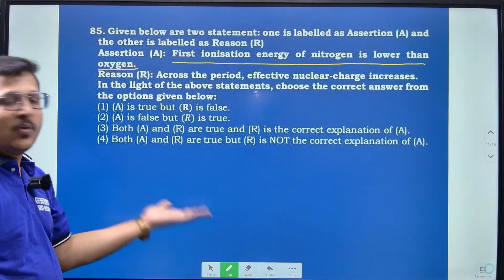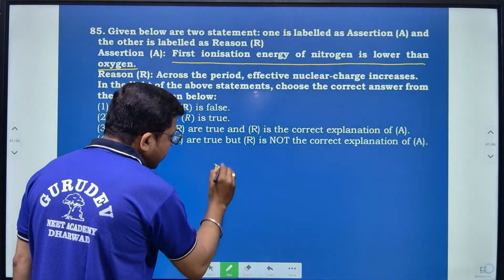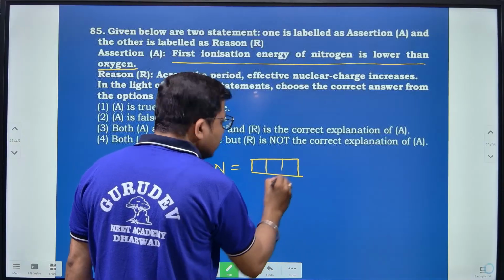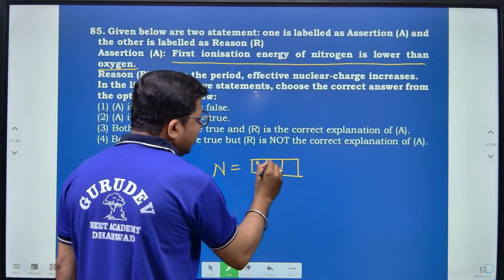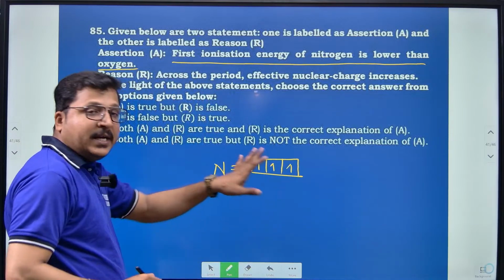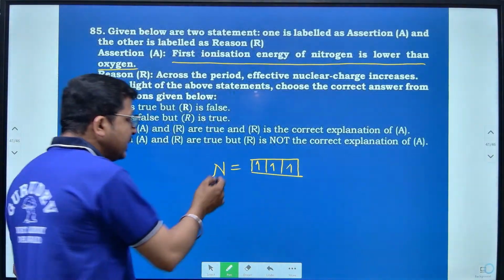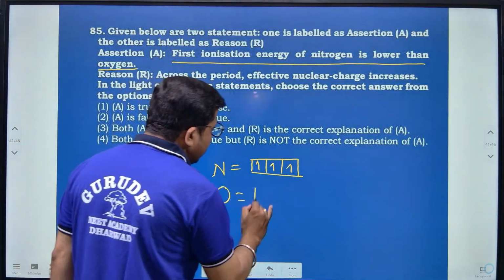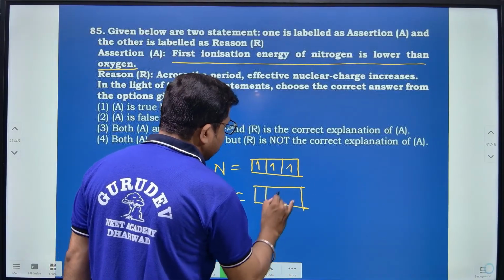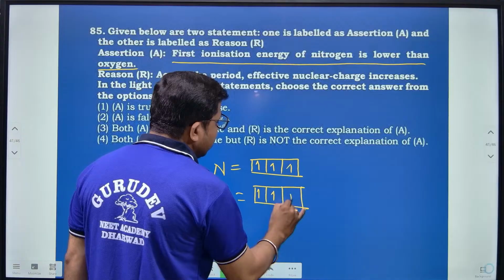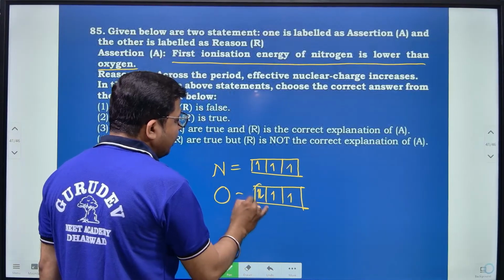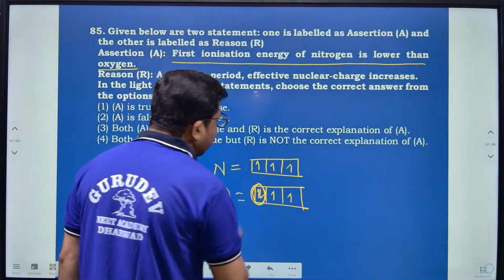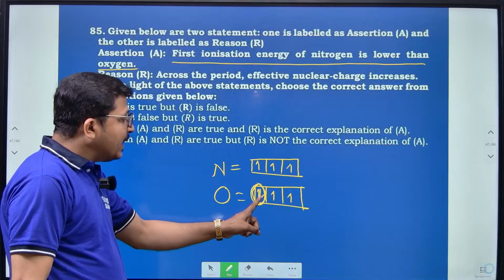This is wrong. Why? Because nitrogen in its outermost orbital contains 3 electrons in the p orbitals. Those electrons are very difficult to remove. Hence, it is more stable in a half-filled configuration, and oxygen contains 4 electrons in its outermost p orbitals. Therefore, in oxygen it is very easy to remove an electron from the 2px, because 1 electron is extra here.